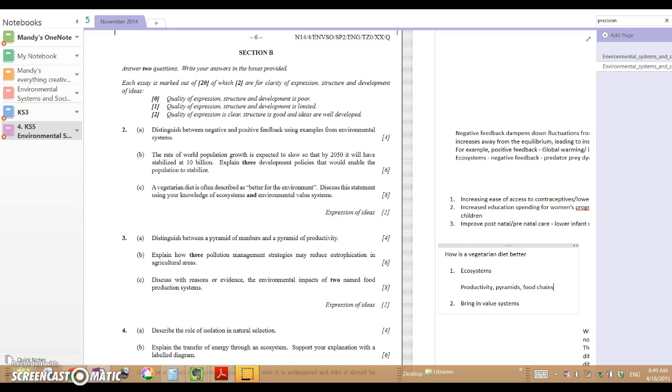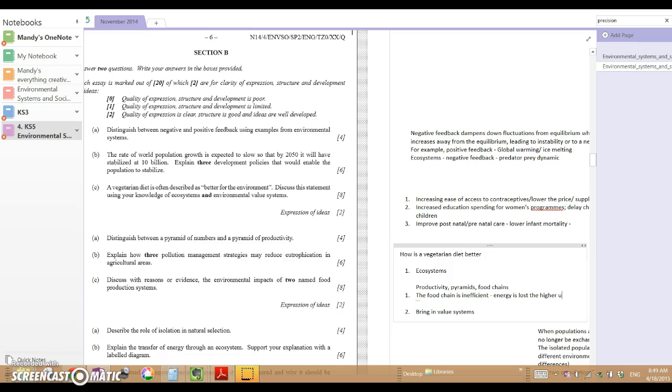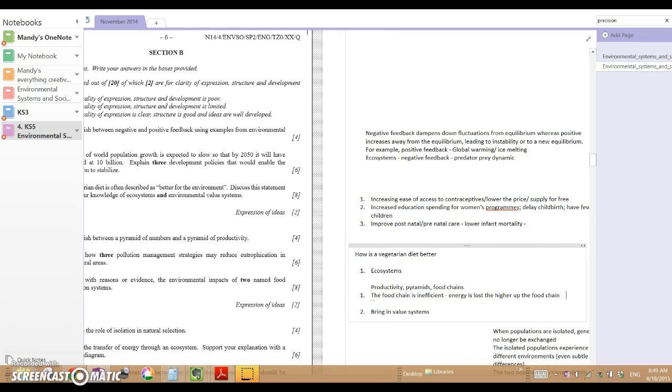If you haven't included that, press pause and have a go now. Okay, so as we go up the food chain, we lose energy. That means we've lost more energy to heat compared to the amount of energy that came in by the sun. So one, the food chain is inefficient. Energy is lost the higher up the food chain we go.